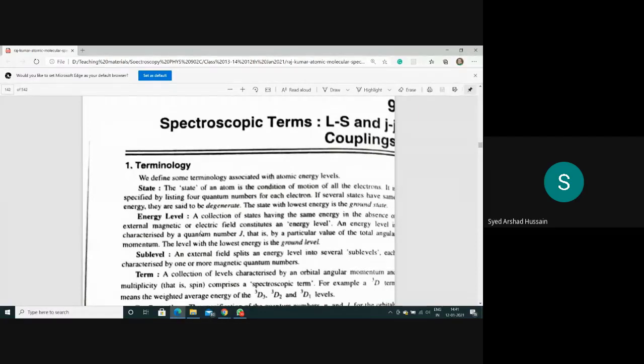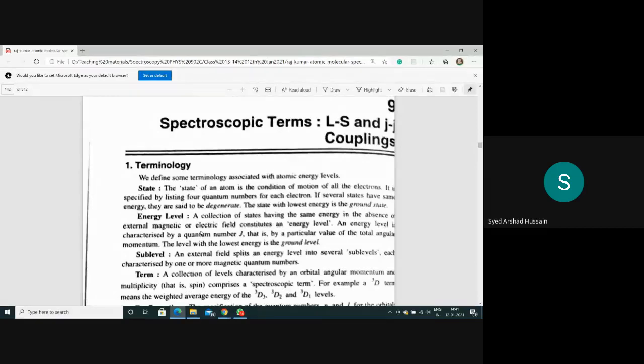That means 1s2: 1 means n is equal to 1, s means l is equal to 0. That means 2 electrons correspond to n is equal to 1 and l is equal to 0.